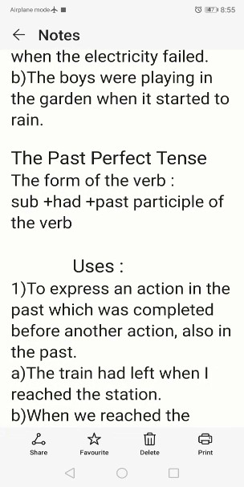And the verb form of past perfect is subject plus had plus past participle of the verb. So here, just observe the point. Whether the subject is first person I, we, second person you, third person he, she, it, or they, in the auxiliary form we have to use had.